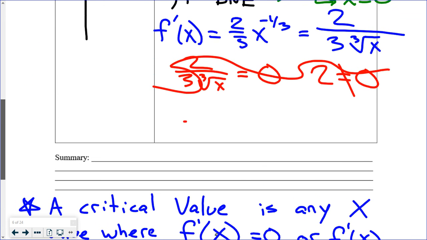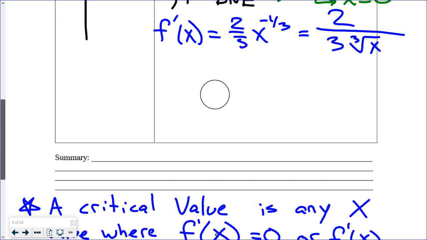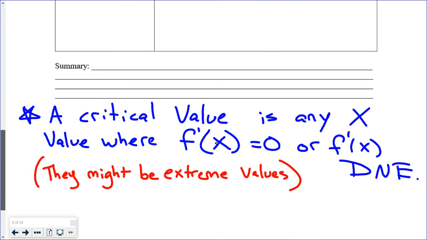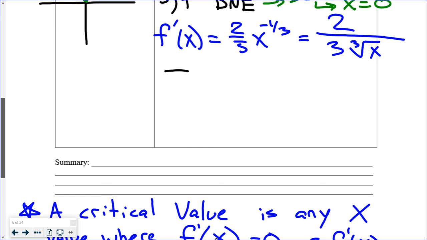Okay, you may remember we made some sign charts in pre-calc. Sign charts help us with derivatives and increasing and decreasing too. This function in particular we were told to look at from -2 to 3, and we only found one critical value in the interior.